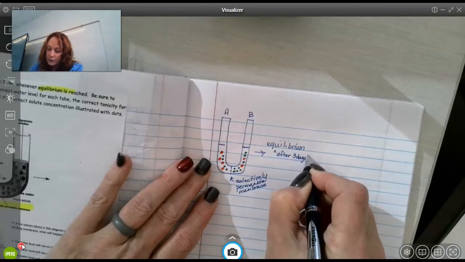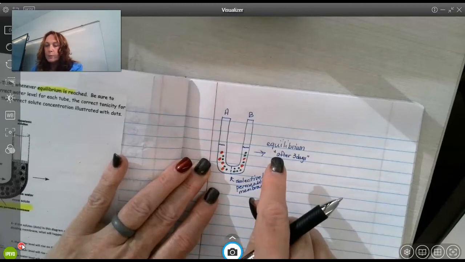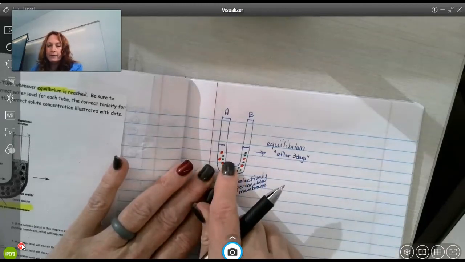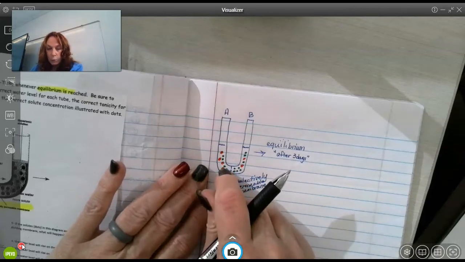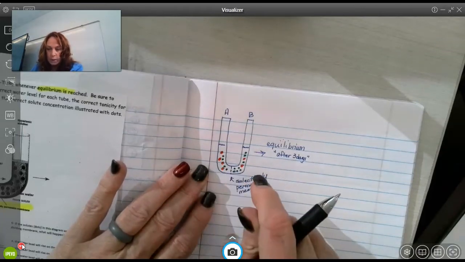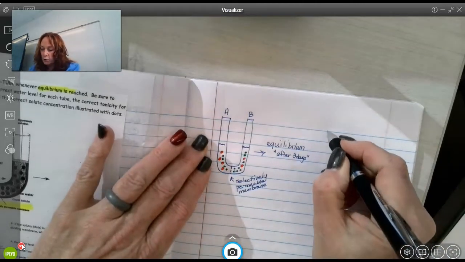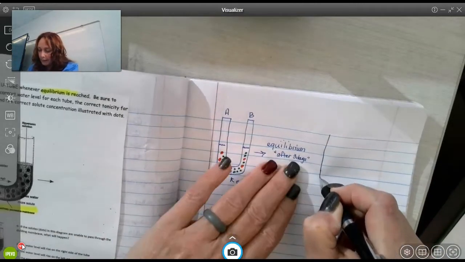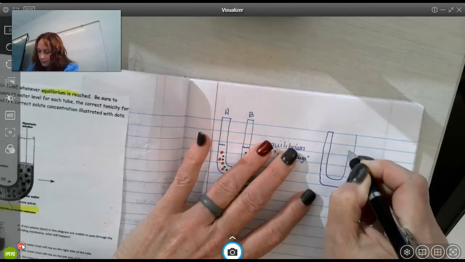Well, everything that was going to happen definitely happened in that amount of time. Equilibrium just means whatever needs to move through the membrane, green molecules and water, because water is small, will have happened and will be done. So let's draw what this is going to look like when we're done.